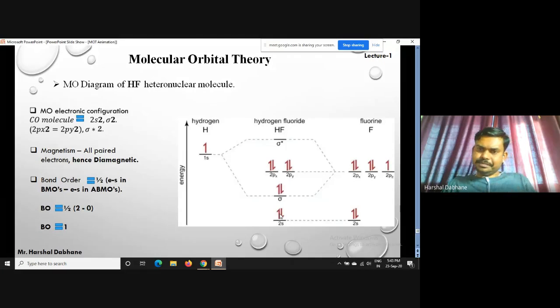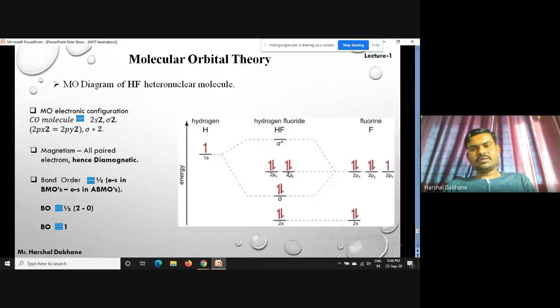Here we have only a 1s orbital of hydrogen, and this one is the 2pz, having the unpaired electron. In the LCAO approximation, the 1s orbital can combine with 2pz, and these two remain inert.